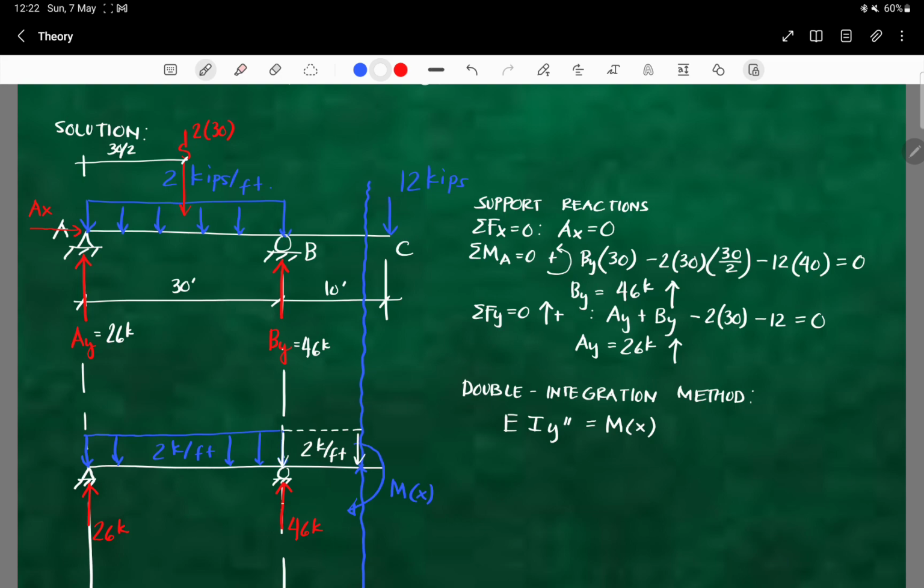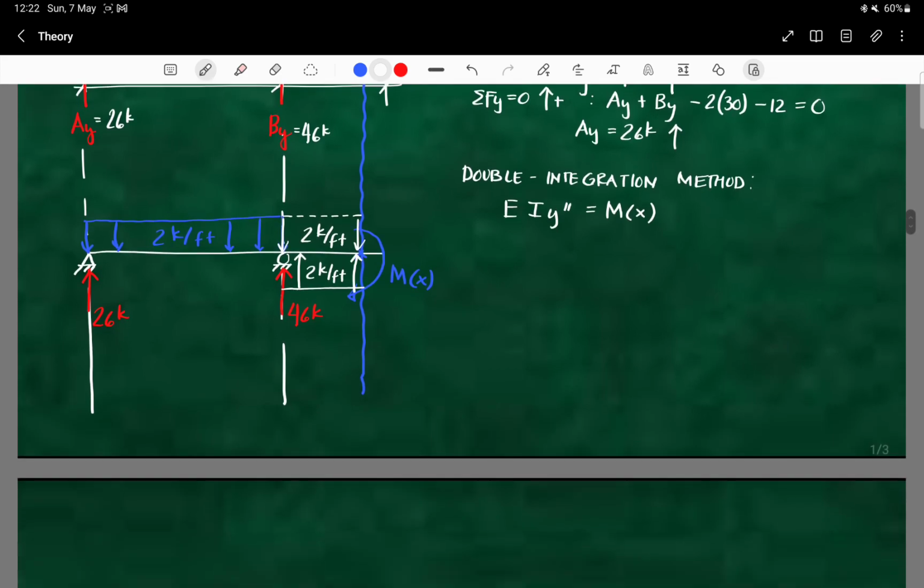So mag-add tayo dito ng another 2 kips per feet, but opposite yung sign niya. So meaning, dito sa overhang na part is mag-zero pa rin siya, or mawala lang yung load. Okay? So yung rule lang natin dito is need natin siyang i-continuous dun sa cutting section mo. So ganun, no? So okay na tayo dito.